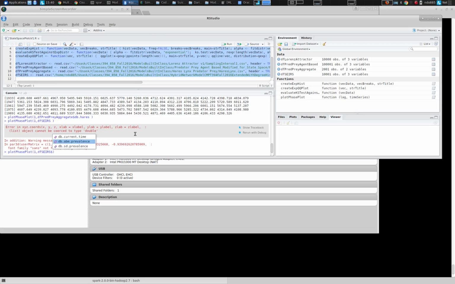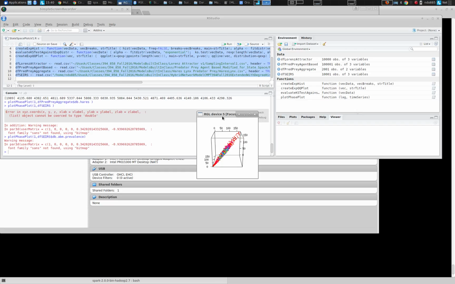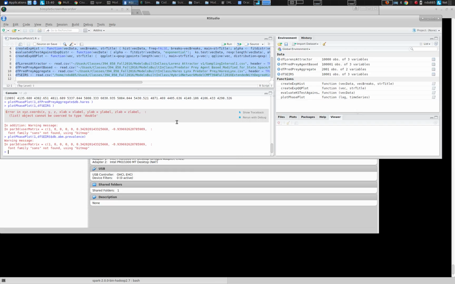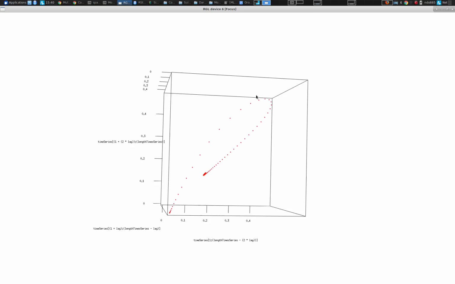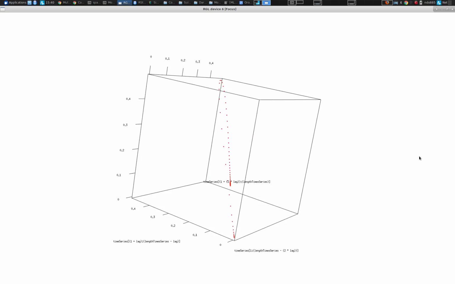It'll be the prevalence from the ABM, the number of people infected. Actually, let's do the prevalence from the system dynamics one first. Here's system dynamics prevalence, in three-dimensional space.